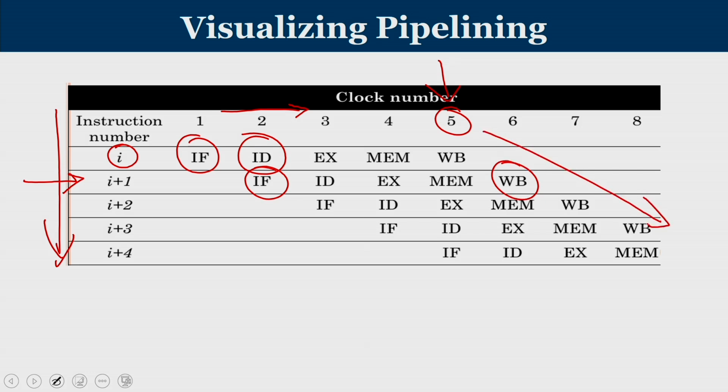Thereafter, in every clock cycle, one new instruction reaches the write back stage, or is completed. If you look at the 5th clock cycle, the write back stage is dealing with the write back operations of the first instruction. The MEM stage of the instruction pipeline is taking care of data memory access of the I plus 1th instruction.